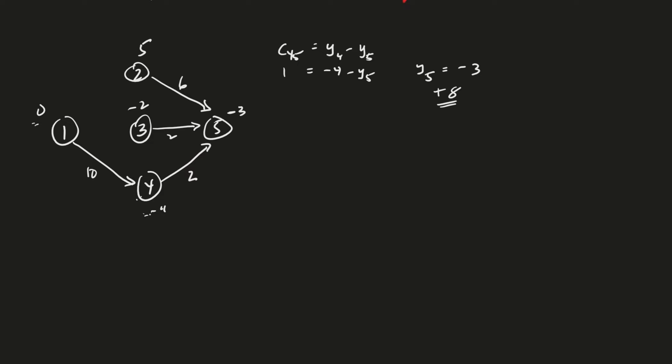Alright, so these are the new y values, and now what do we do? Yes, we continue with our non-basic variables, just as we've been doing before. And the edges are x1,2, that's the one that we just removed, x1,3, x2,3, x3,4. And so now we write down our costs: 3, it looks like 2 and 4, and then minus yi, so that's going to be y1, which is 0, y1 is 0, y2 is 5, and y3 is negative 2.